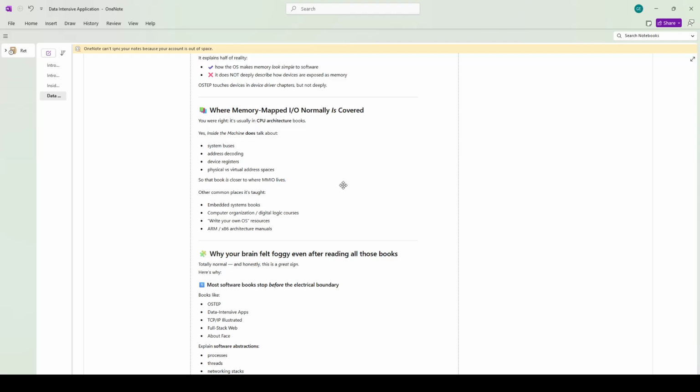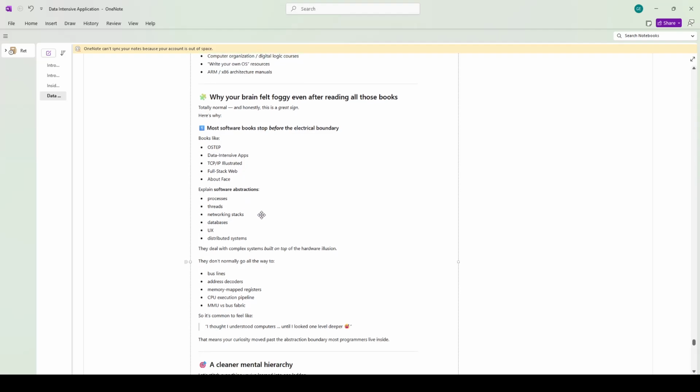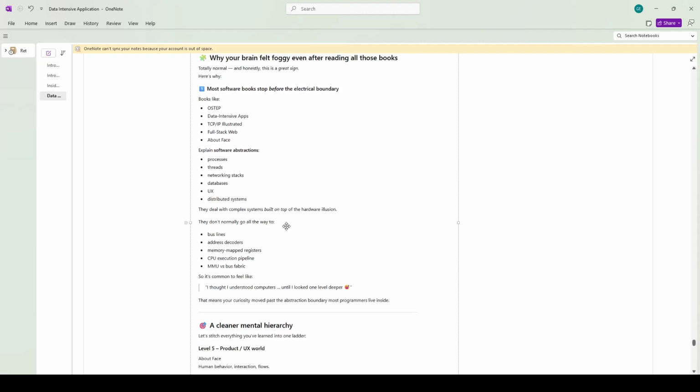Why did your brain feel foggy even after reading all those books? Totally normal, and honestly, this is a great sign. Here's why. Most software books stop before the electrical boundary. Books like OSTEP, Designing Data-Intensive Applications, TCP/IP Illustrated, Full Stack Web, and About Face explain software abstractions: processes, threads, networking stacks, databases, UX, distributed systems.